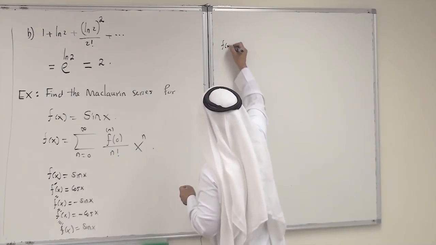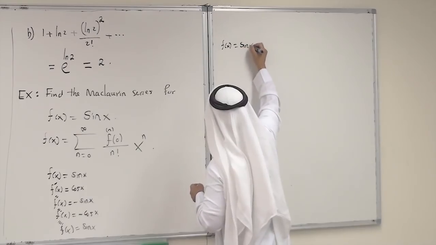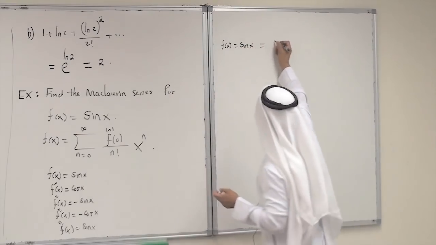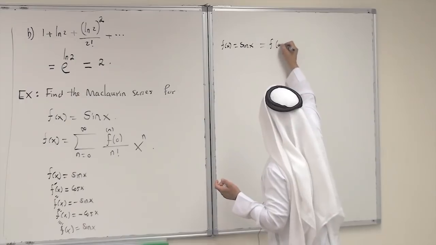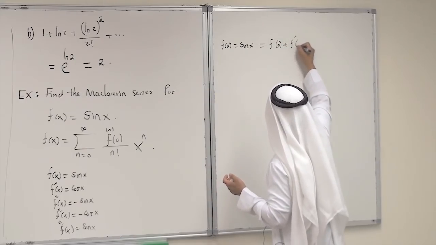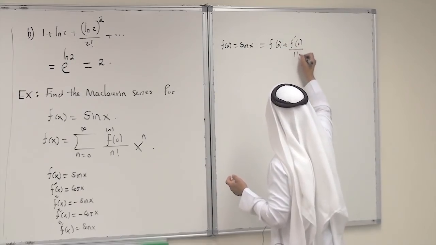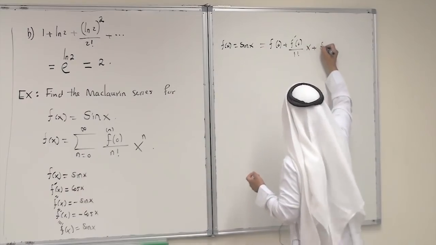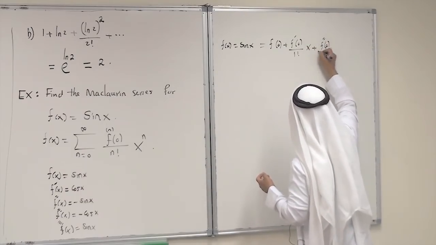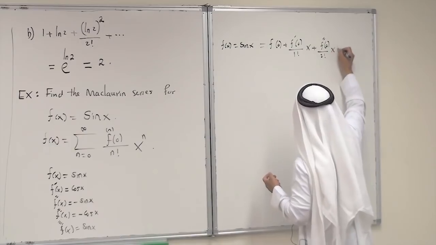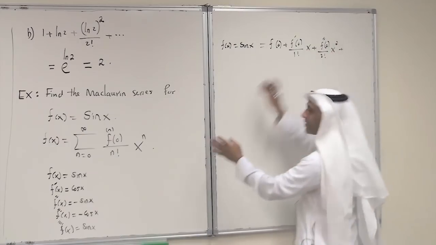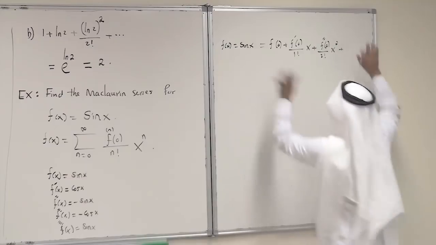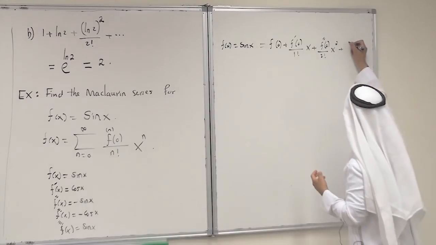f of x is equal to sine of x. If you need to expand it in Maclaurin series, you are trying to find f of 0 plus f prime at 0 divided by 1 factorial times x plus f double prime of 0 divided by 2 factorial, this is x squared. I'm just rewriting this compact form in an expanded form, just to observe something here.